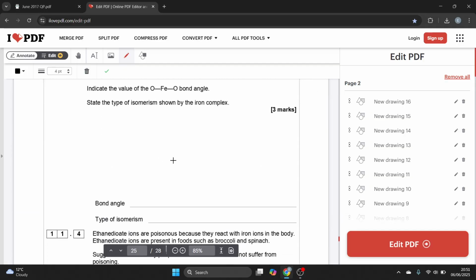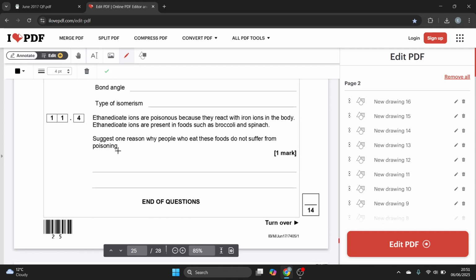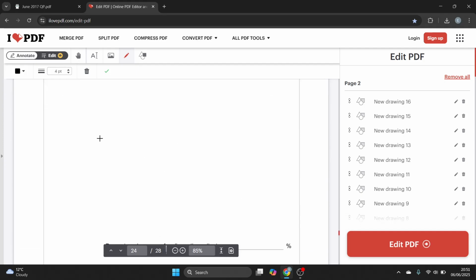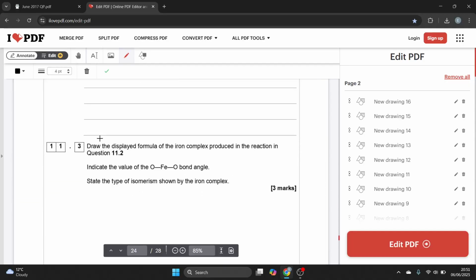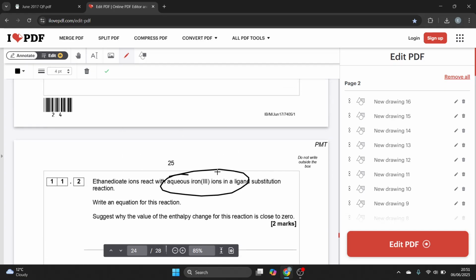Okay. So this one. Just one reason why people eat these foods and do not suffer from food poisoning. No, let's start from here. Ethanedioate ions react with aqueous Fe3+ ions. So it's a ligand substitution reaction. Write an equation for this reaction.